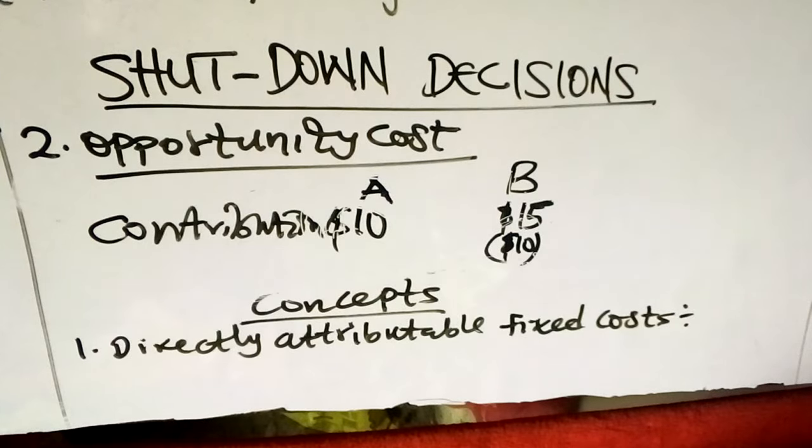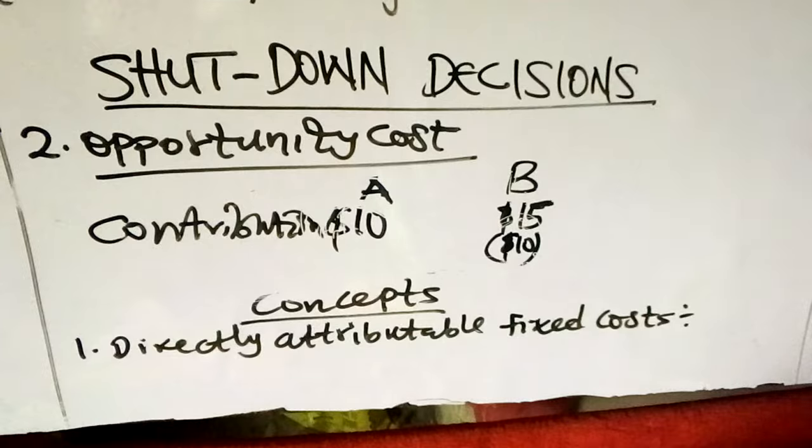That is for materials. Then another scenario where labor has to be diverted from another project, which will lead to loss of contribution from that project, and used to complete the project under consideration. I repeat, where labor has to be diverted from another project, that will lead to loss of contribution from that project.